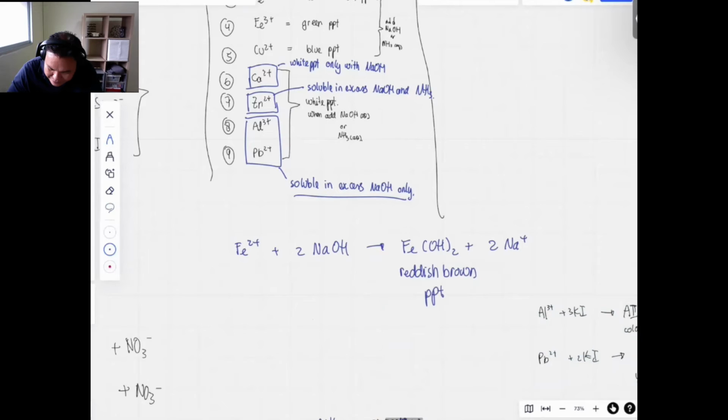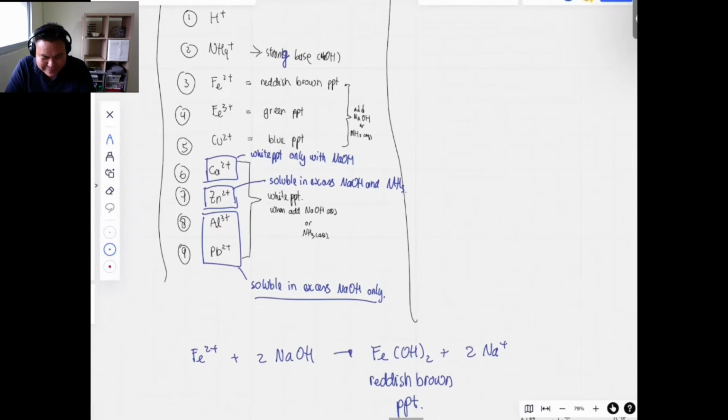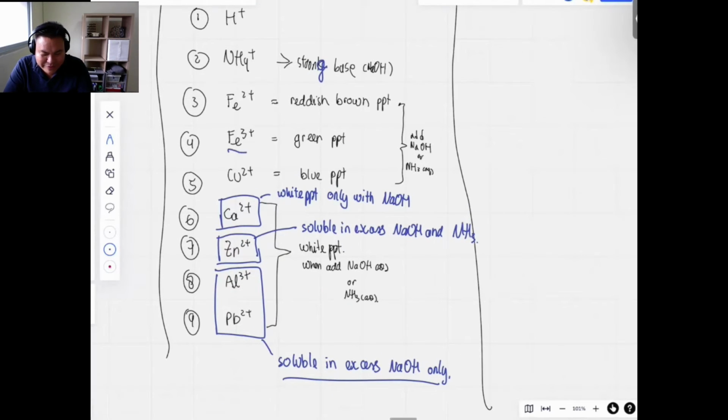That's how to test. By the way, from 2 to 9, you're adding sodium hydroxide, so it's easy to memorize.